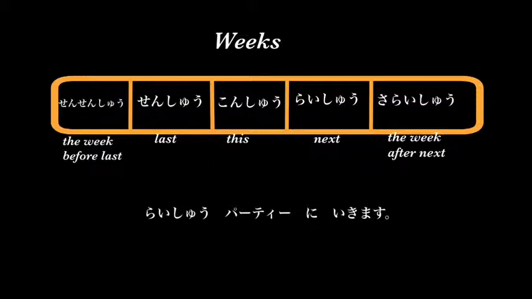The future ones like raishu, next week, we just use the mas ending because it's future and also present. Raishu, party ni ikimasu. I'm going to a party next week. There's no particle required after the raishu or senshu.